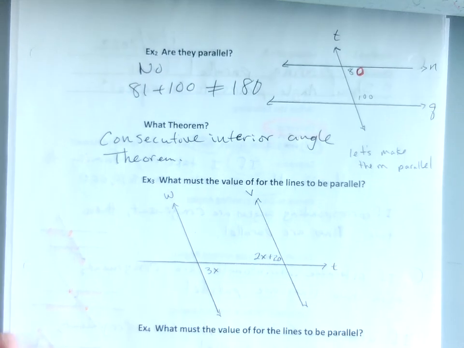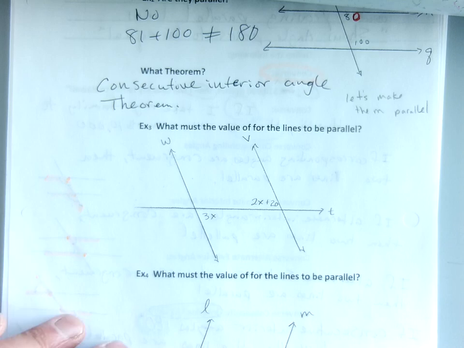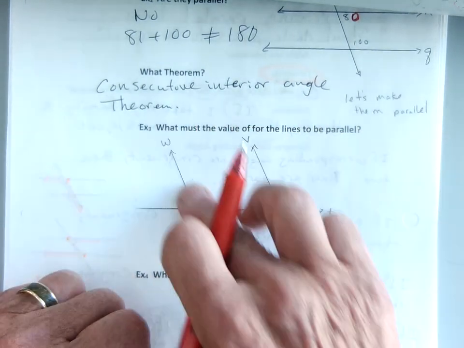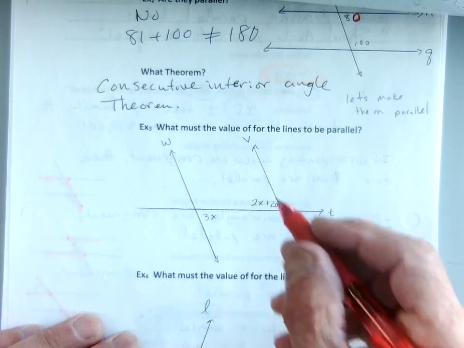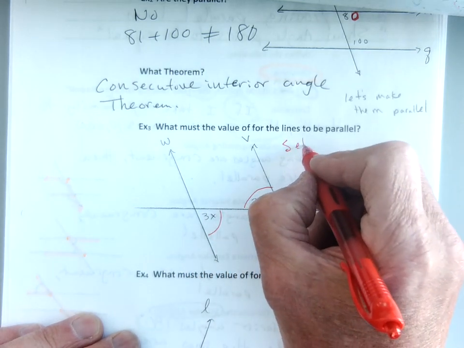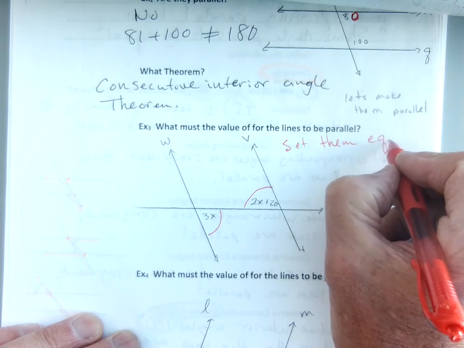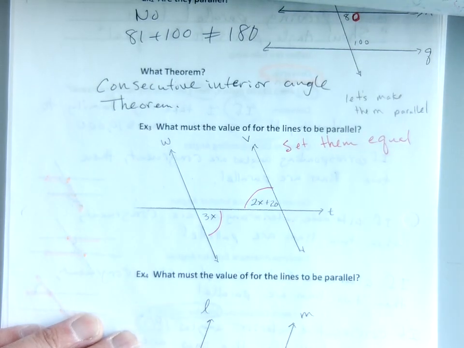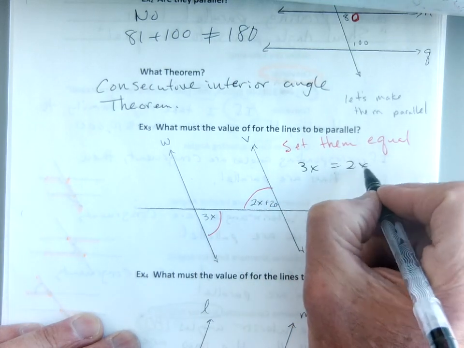Okay, now, if these two lines are going to be parallel, what does x have to be? Let's set them equal, because they need to be equal. So I'm going to say 3x equals 2x plus 20, right?